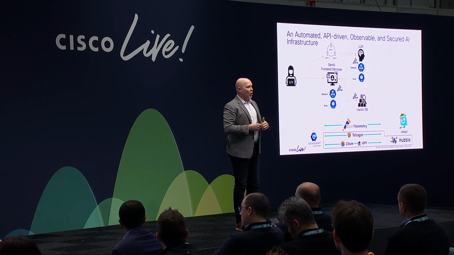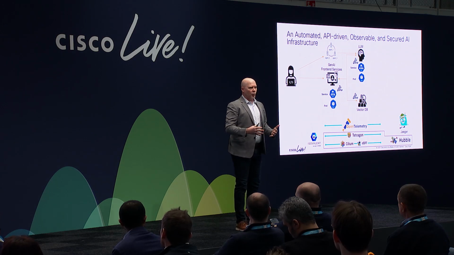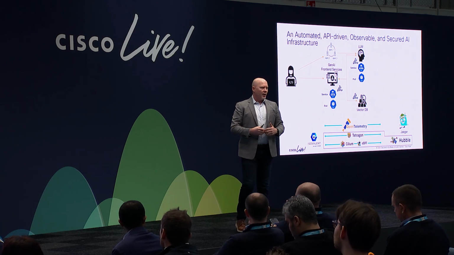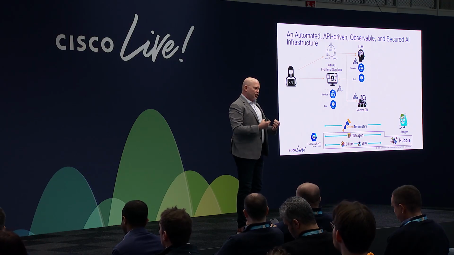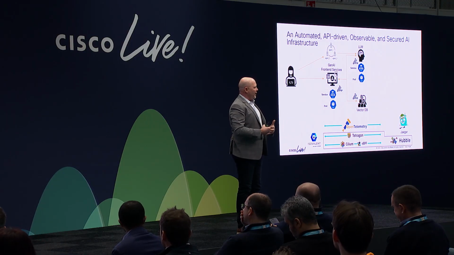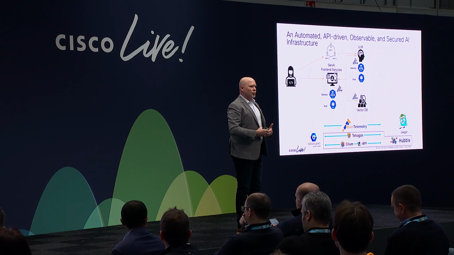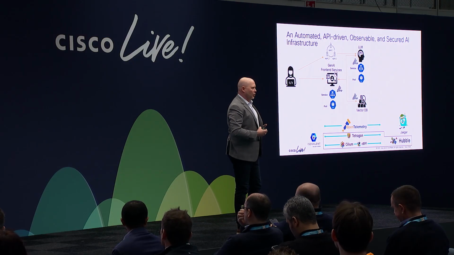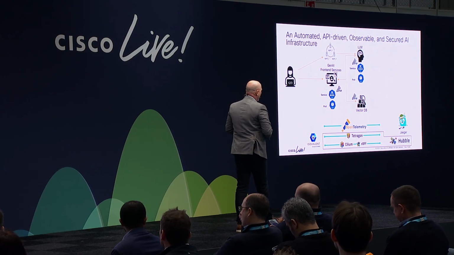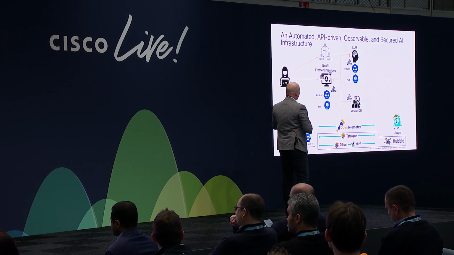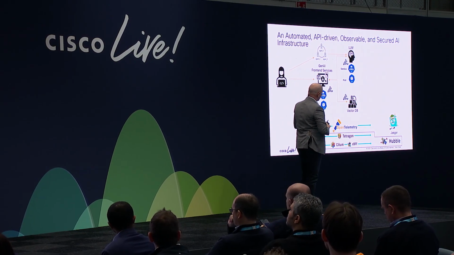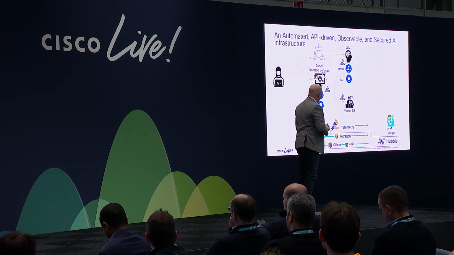For example, OpenTelemetry, one of the most popular open source projects on planet Earth in the Cloud Native Computing Foundation. So OpenTelemetry allows you to instrument automatically or manually all of your workloads to export tracing, metrics, and logs in a standard format. And so we can instrument all of our GenAI and vector databases and so forth applications utilizing OpenTelemetry.